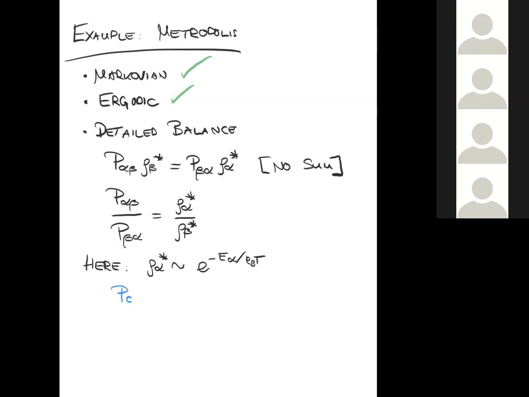So we want that P alpha beta divided by P beta alpha is e to the minus E alpha minus E beta over k Boltzmann T. And so obviously this is some kind of energy difference.